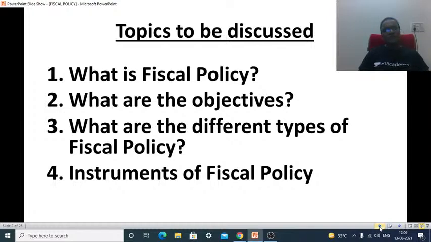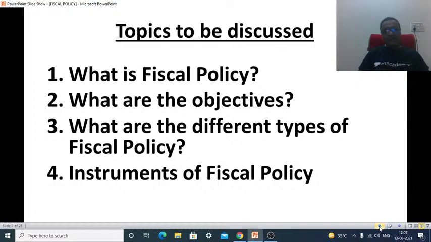This contractionary fiscal policy is followed when there is overheating of the economy, when the expectations are running very high, the prices are skyrocketing, stock markets are going up like anything. That is when the government has to temper the expectations. That is when the government has to bring back the situation to normalcy. That is when they follow contractionary fiscal policy.